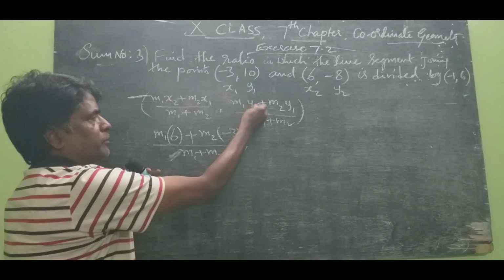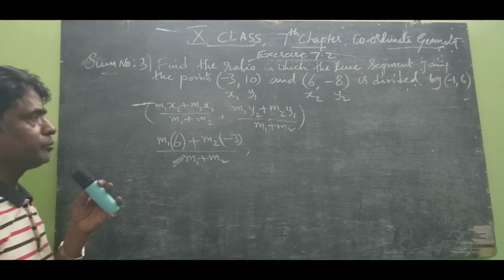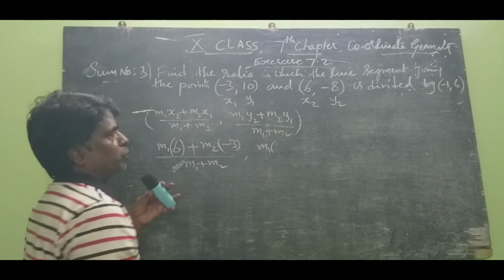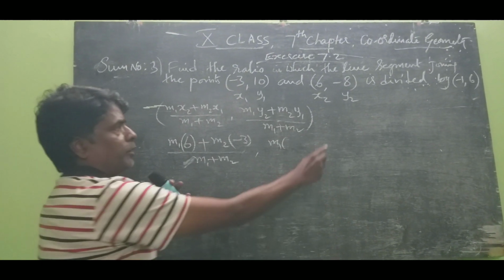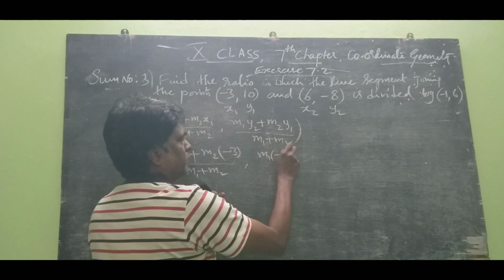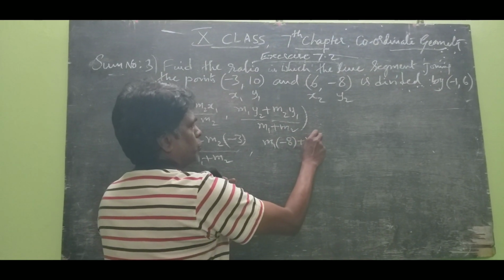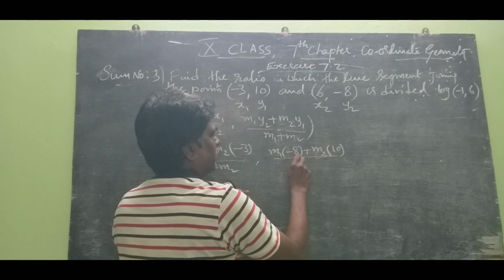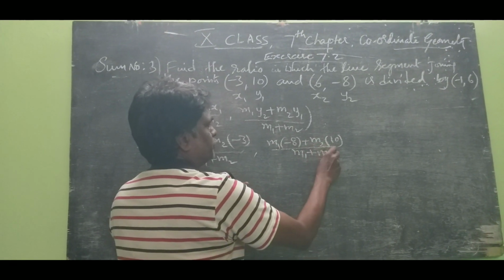Similarly, here also, y also you can substitute: m1 times y2. What is y2? -8. Plus m2 times y1, which is 10, by m1 plus m2.